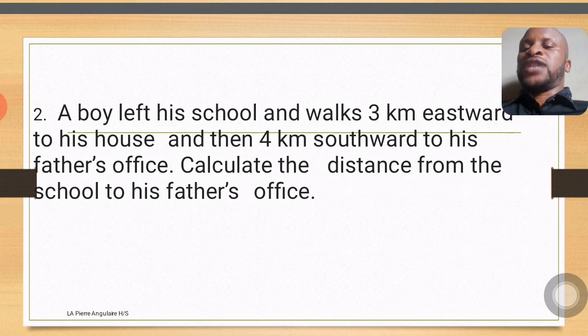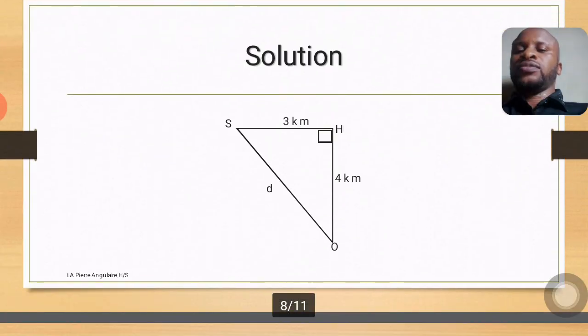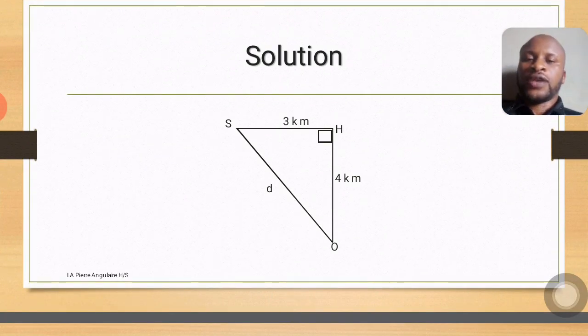So I will represent the school with S, the house with H, and the father's office with O. And let's look at the triangle. Can you see it? The S stands for the school. He walked 3 kilometers from school to the house.